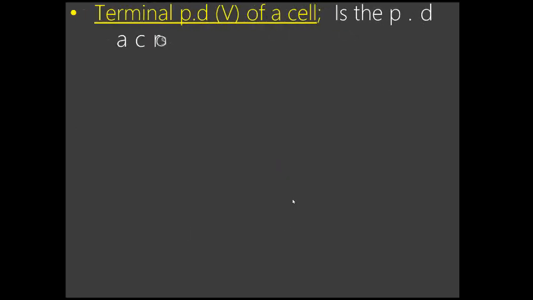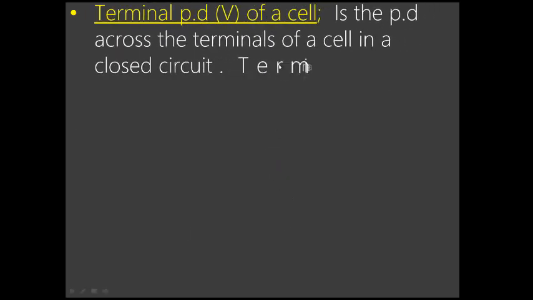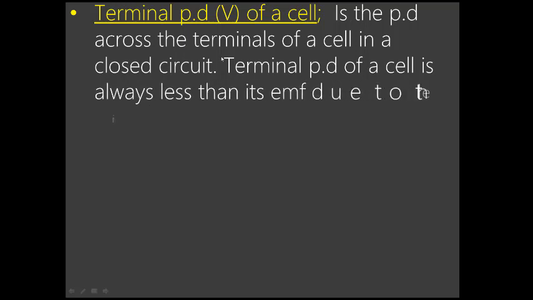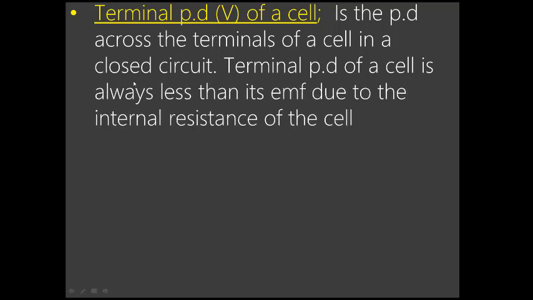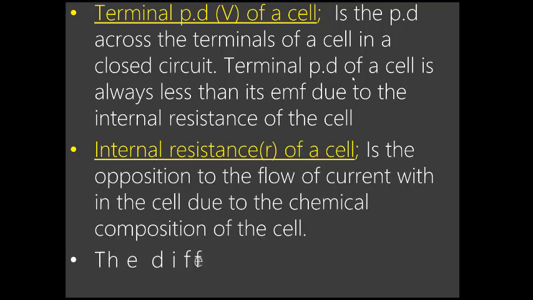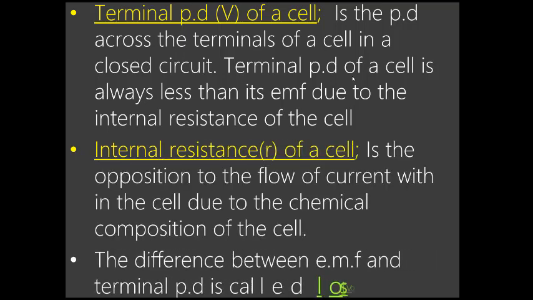Okay, terminal PD, which we quote as V, is the PD across the terminals of a cell in a closed circuit. So the terminal PD of a cell is always less than its EMF due to the internal resistance of the cell. What is internal resistance? That is the opposition to the flow of current within the cell due to the chemical composition of the cell.